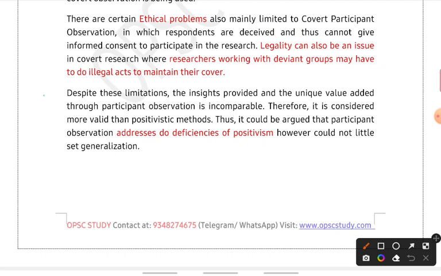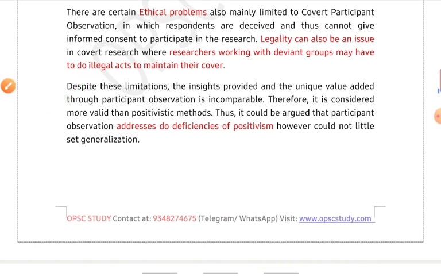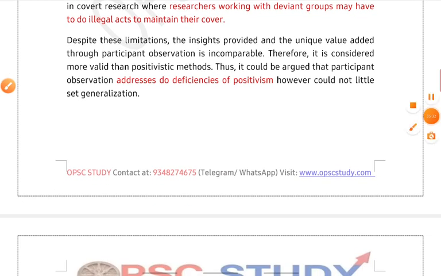But we will conclude it. Despite all this, it addresses the deficiency of positivism, and it tries to make a balance in the society as a sociological study. So this will be the thing.